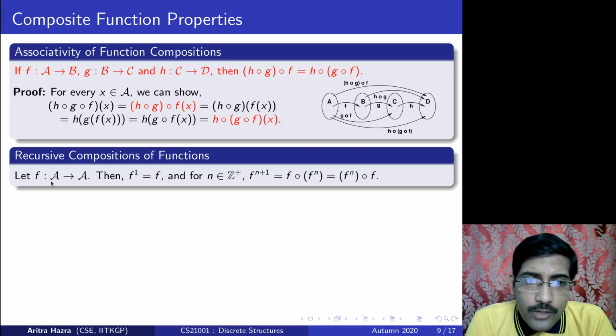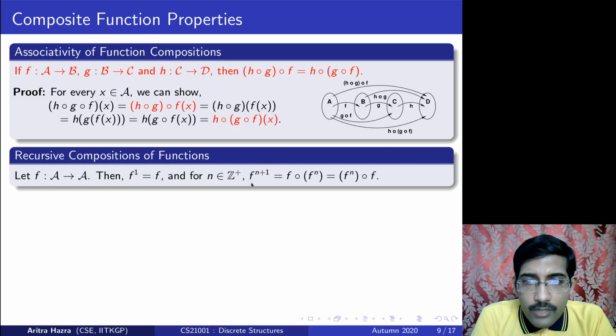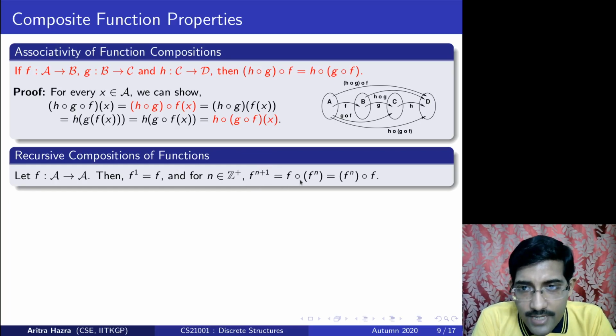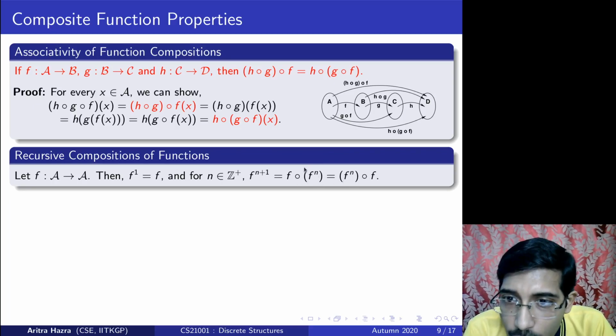Suppose I want to have a function from the same set to the same set. Then we say f1 is f, and for all n we say that the composition of n plus 1 functions is f composed with n such functions, or n such functions composed with f. Because of associativity, I am not using commutativity here.